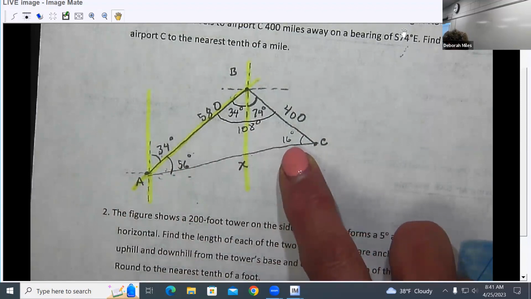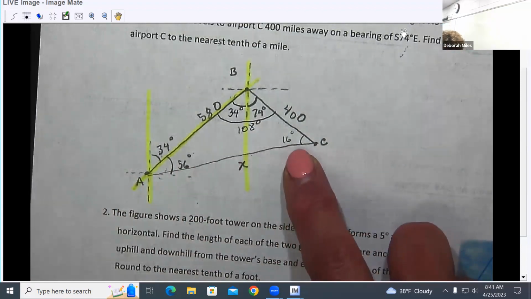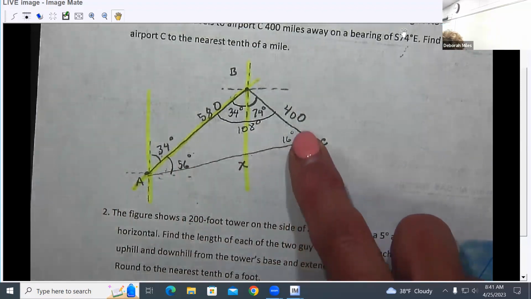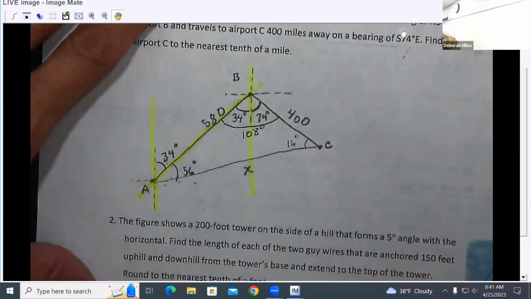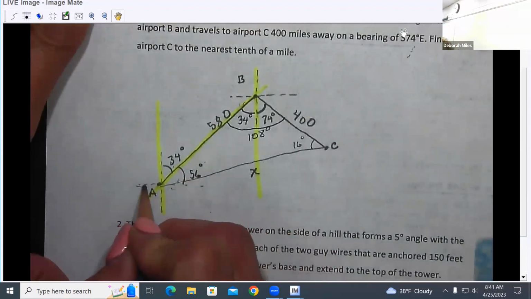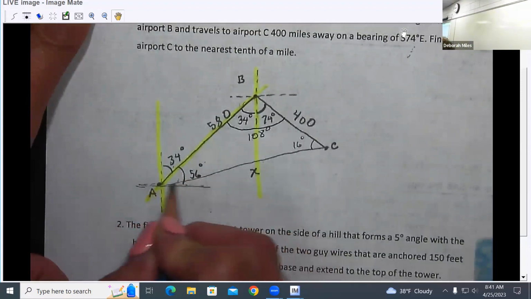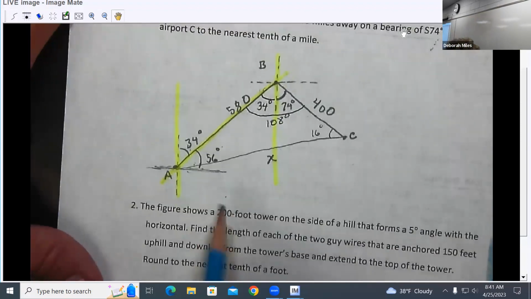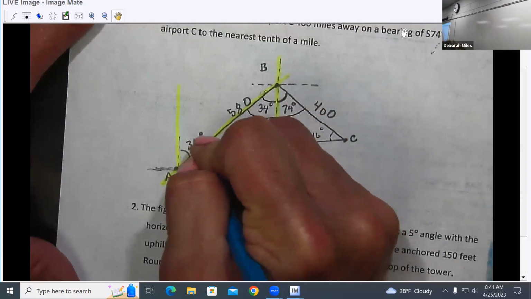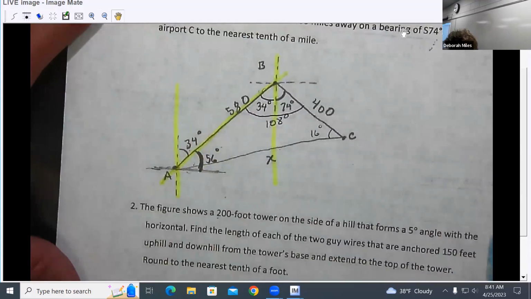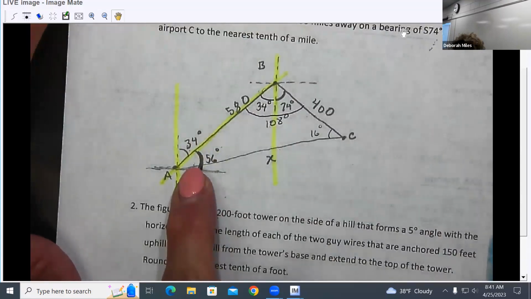Can I go back? I just did this problem before y'all came in to make sure it wouldn't stump me. Hold on. I just saw it. Just have to be quiet for a minute. I see why. Here's the east. We know that this is the 56, not that little interior angle right there.